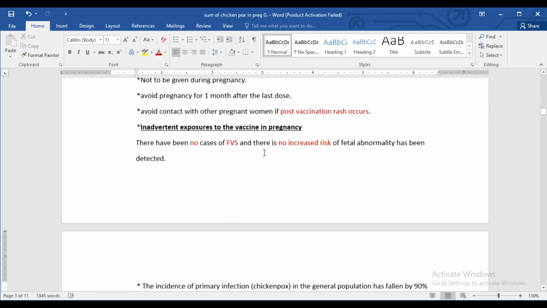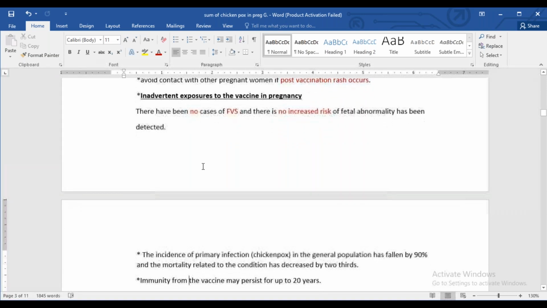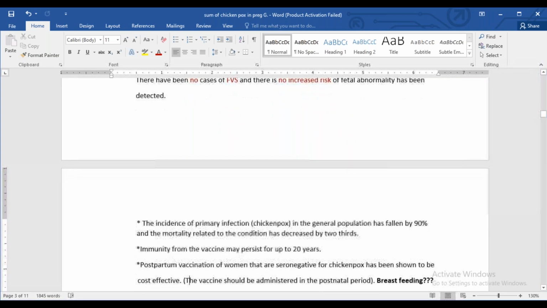And there is no increased risk of fetal abnormality that has been detected. So even if it happens, no cases have been reported, but it's better to avoid that because you don't know. It may happen, okay?